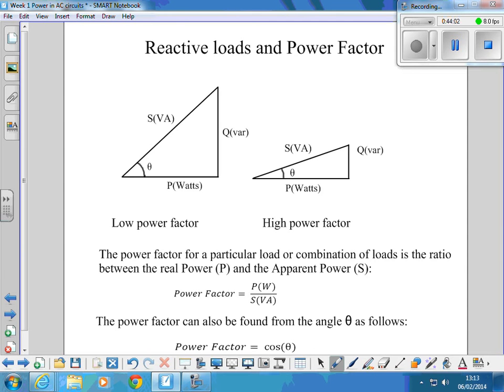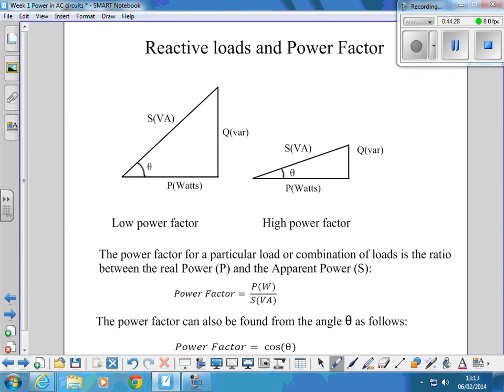Okay, so power factor is the ratio between the real power in watts and the apparent power in VA. It is the cosine of the angle theta. If you look at some big distribution centers, they'll have a meter telling you what the cos theta is, or what the power factor is.